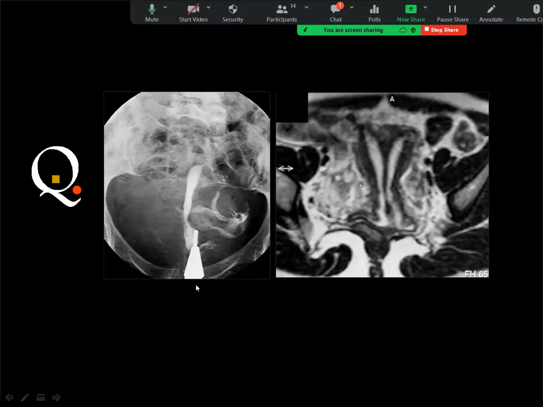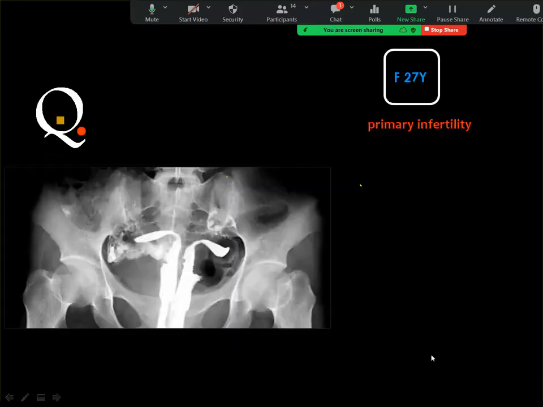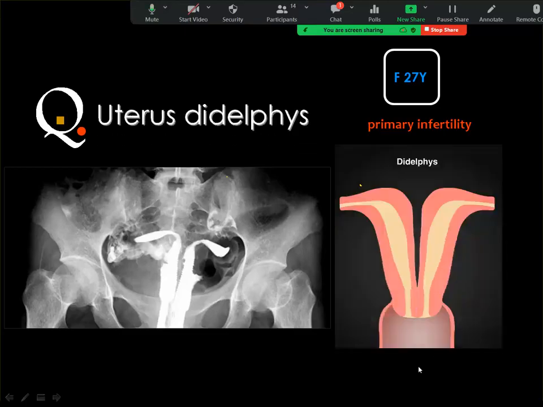So you may diagnose this as unicornuate uterus, but actually these malformations are better evaluated by MRI. This happened to me once, and I could see two cervical openings, and we put a catheter here and there. Then I opacified both uterine cornua, and you get the diagnosis of uterus didelphys.